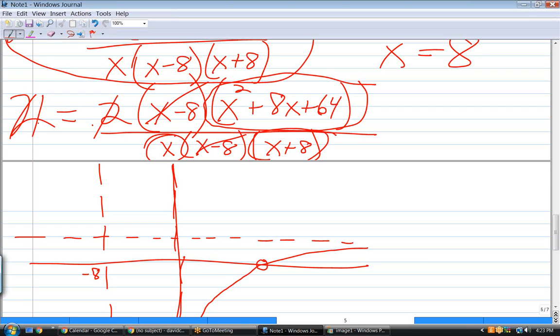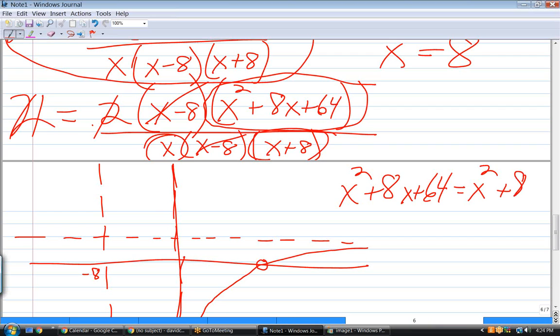That's the way you get 1. When you divide something by something that's the same amount, you get 1. So x squared plus 8x plus 64 has to equal x squared plus 8x, which is the product of the bottom.